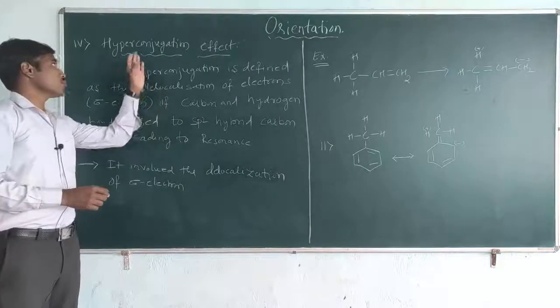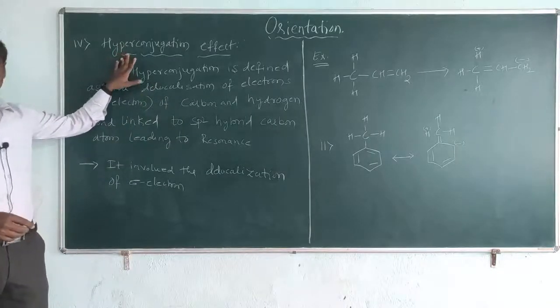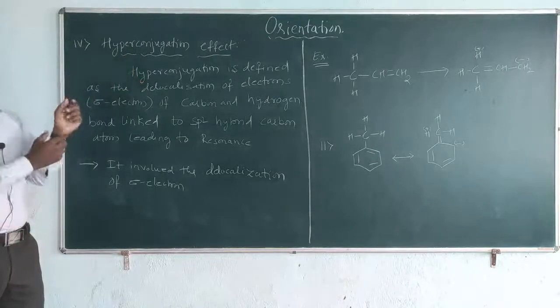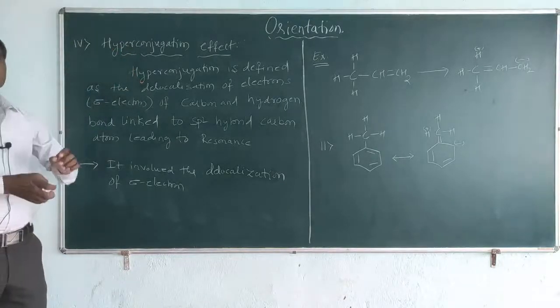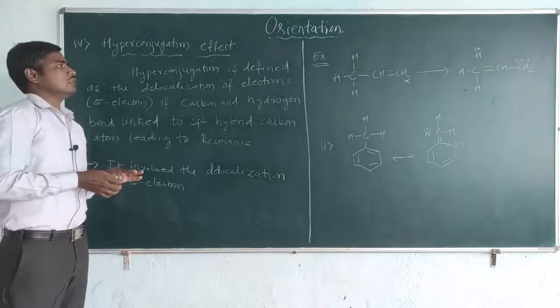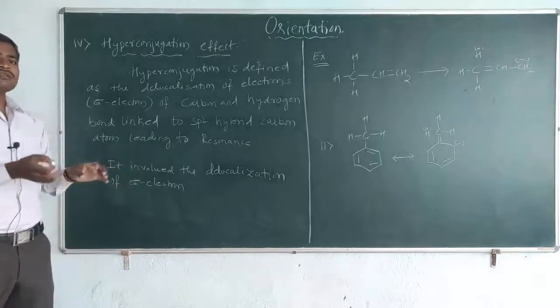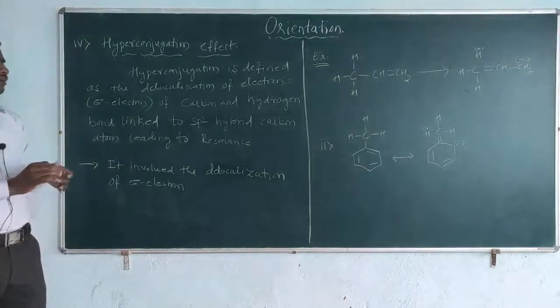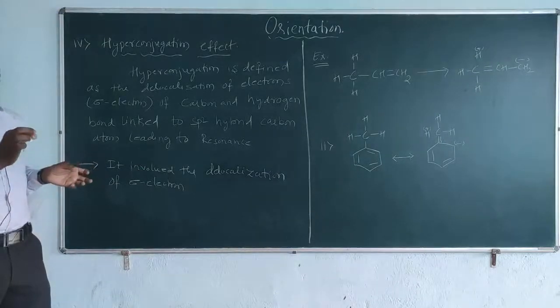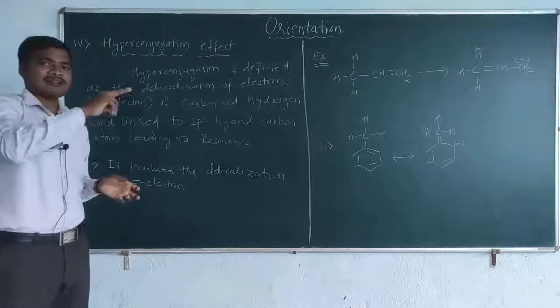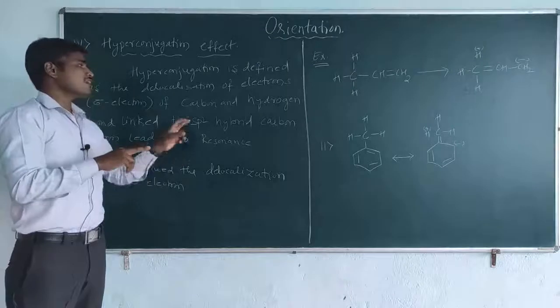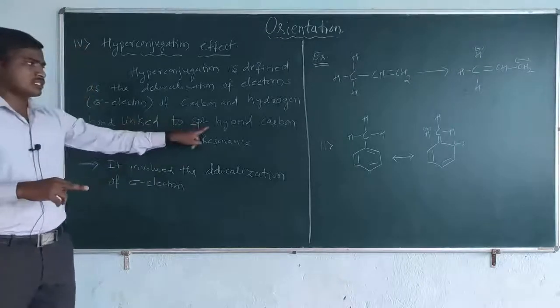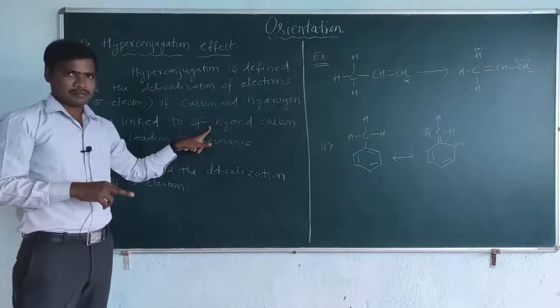The next effect is the hyperconjugation effect. So hyperconjugation effect is nothing but the delocalization of the sigma electron involved in a molecule. That sigma electron is in between the carbon and hydrogen, and that carbon is attached to an sp2 hybridized carbon atom.